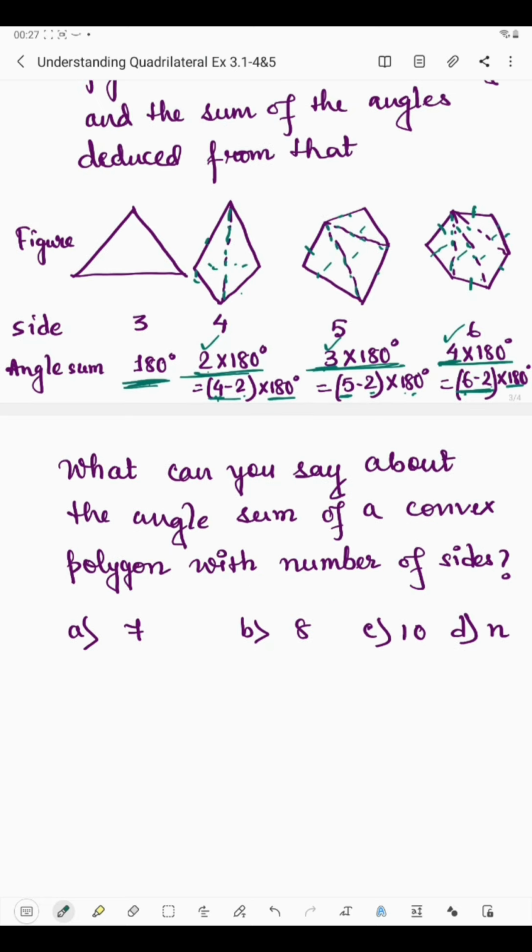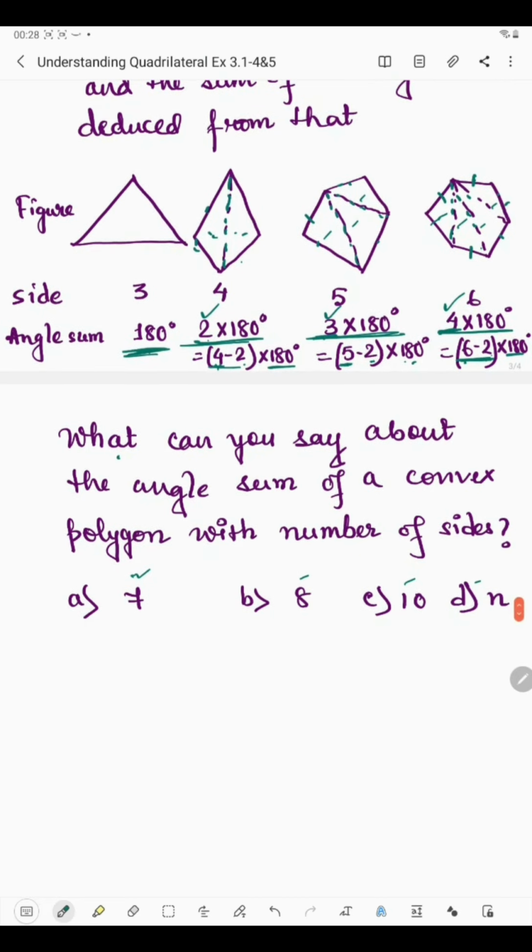Now we have to find what can you say about the angle sum of a convex polygon with number of sides 7, 8, 10 and n. So here the number of sides is given. We have to find the angle sum of a convex polygon with sides 7, 8, 10 and n. Okay.